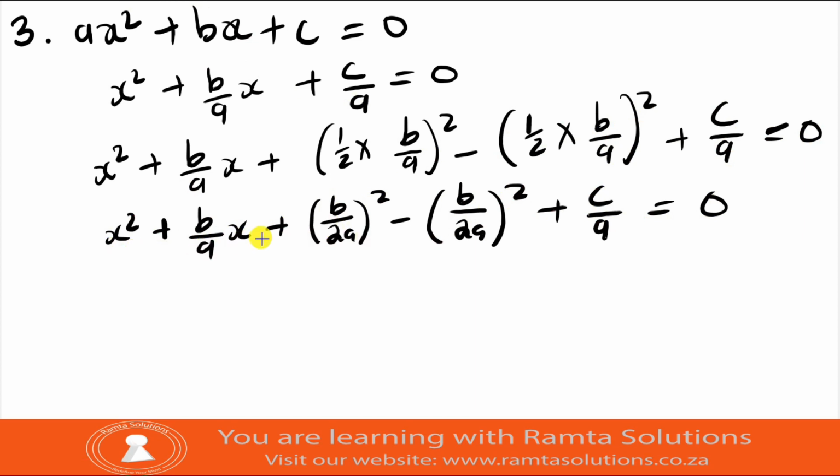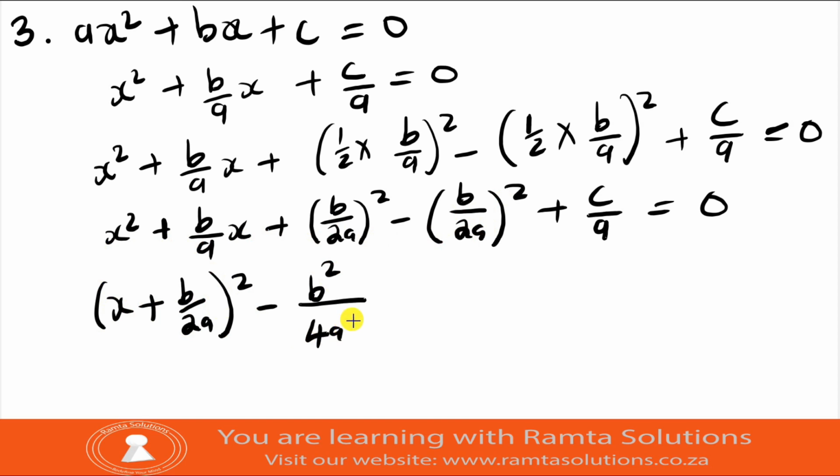This here is a perfect square trinomial, which we will say reduces to x plus b over 2a all square, and this will then be b squared over 4a squared, plus c over a, right, equals 0.